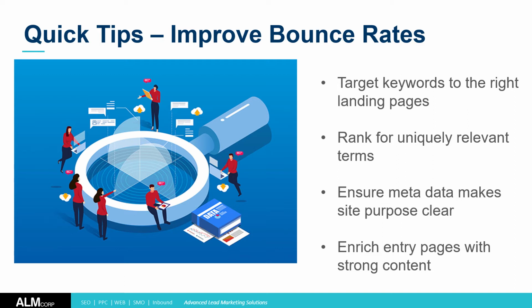One of the biggest detractors from bounce rate is either ranking a keyword with a page for mixed relevance or overlapping keyword relevance. For instance, optimizing for a term like rehab clinic can either mean a substance abuse clinic or a physical rehabilitation clinic.